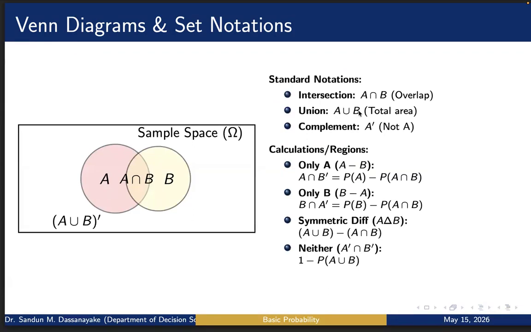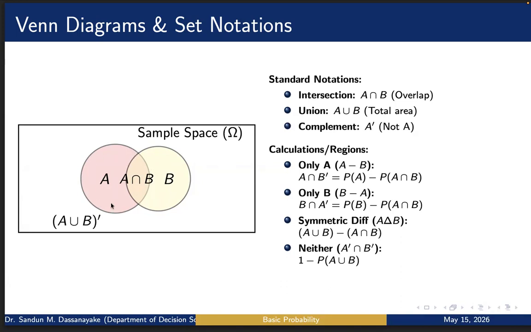The intersection is the overlapping part. Union is the total thing, and complement is whatever is not inside the set. And only A means A minus B. So think about this. You are doing a study about, let's say, engineering graduates in B, and A would be working in Colombo.